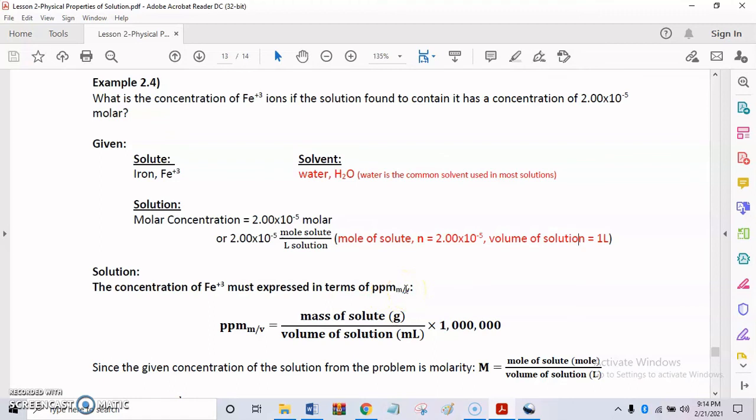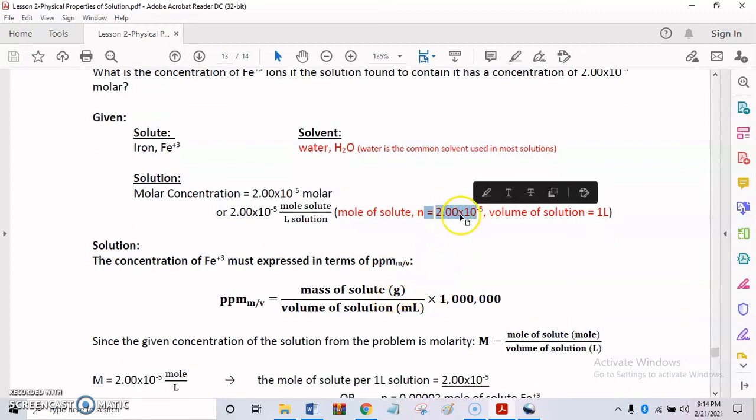The concentration of iron must be expressed in terms of parts per million, mass per volume, because given tayo ng mole ng solute. So we can convert that mole to mass by computing the molecular weight of the iron para makakuha tayo ng mass of solute.